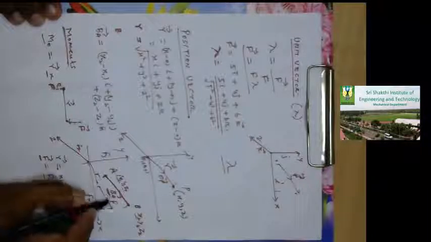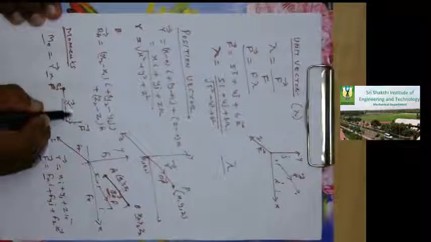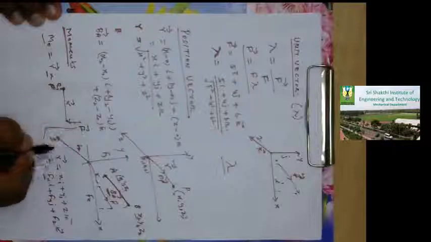In the same way this is the position vector r, and this is my force F. So the moment is calculated by r cross F.